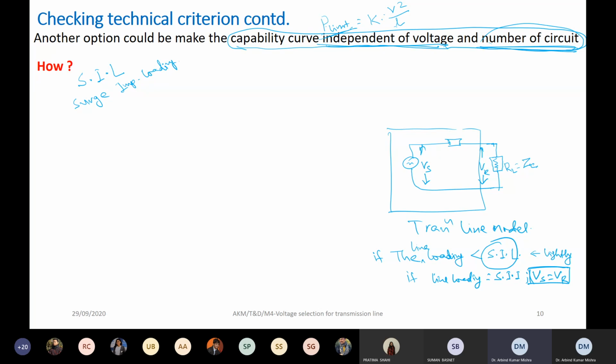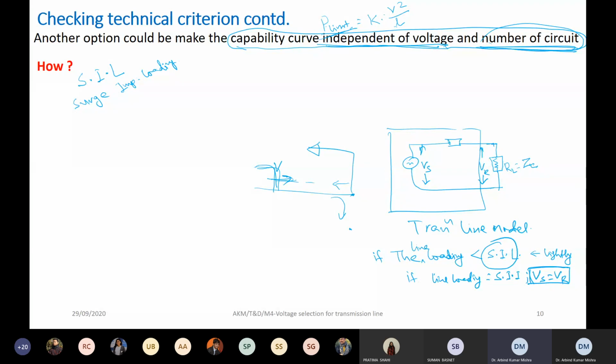The other important part where the surge impedance loading becomes very important, I don't know whether you have studied or not, is the traveling wave. When a high frequency wave, a voltage wave or current wave, travels along the line and comes to the end of the line, part of this wave may be reflected or refracted, or the whole wave may be completely reflected.